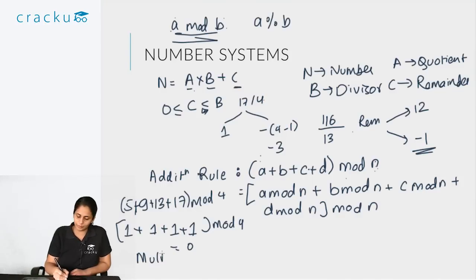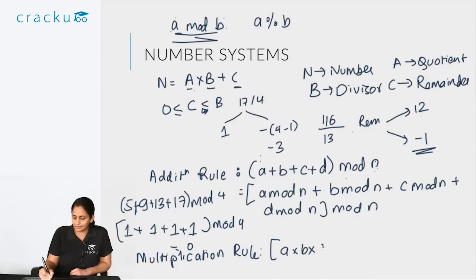The second rule is the multiplication rule. The multiplication rule says that if you have the product of, say, 4 numbers here, but it's true for n numbers, you can take the modulus operator inside.